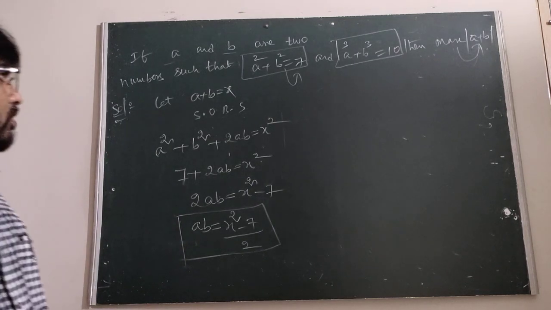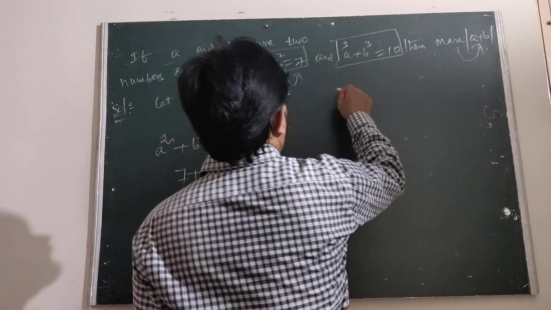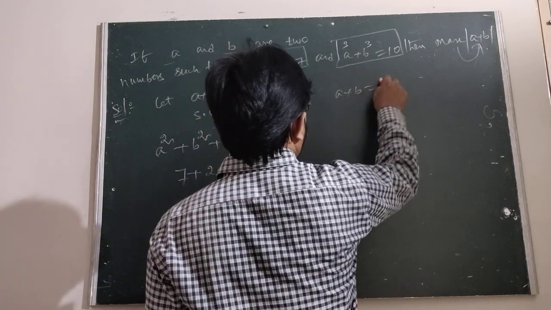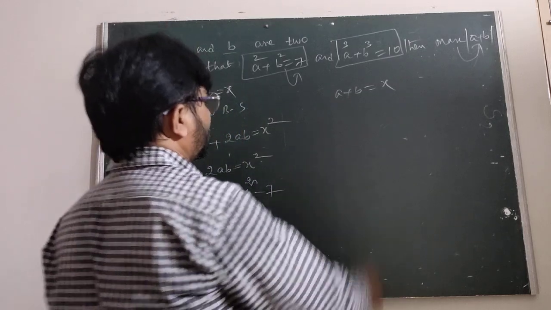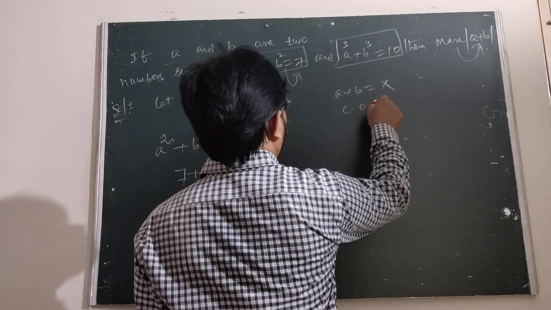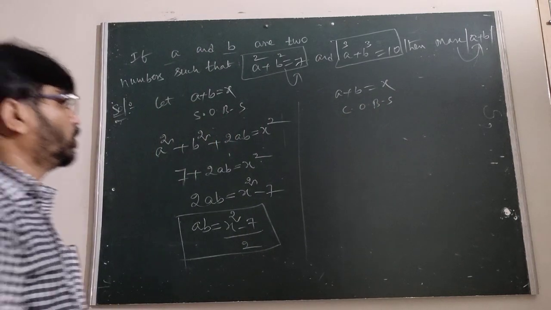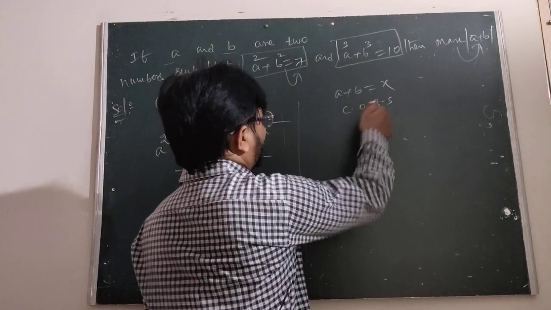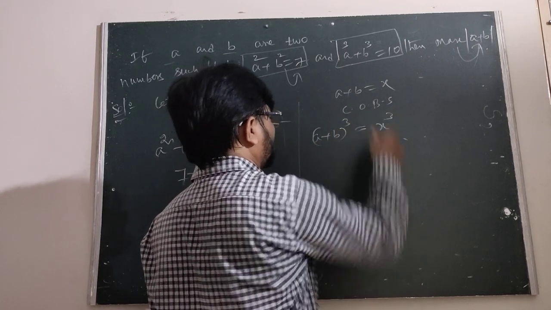But another thing given is A plus B. Suppose we are taking A plus B equal to X. We all know that A plus B whole cube, cubing on both sides, is A plus B whole cube equal to X cube.